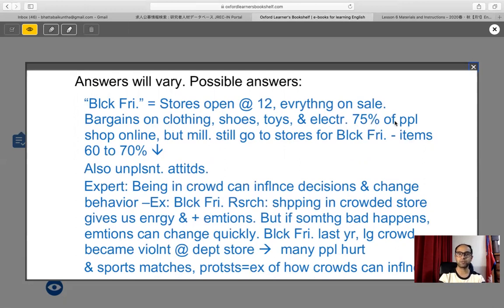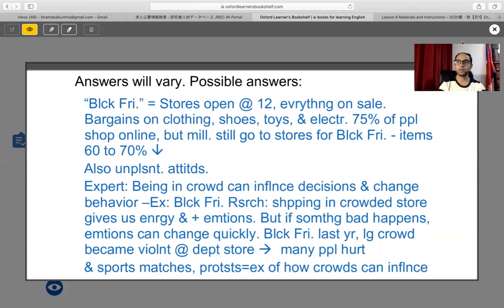Actually, 75% of people shop online, but millions still go to stores for Black Fridays. Items get 60 to 70% discount. The price goes down on Black Fridays. I'm not going to read everything from here. So if you have notes like this, I hope you did a very good job in note taking.